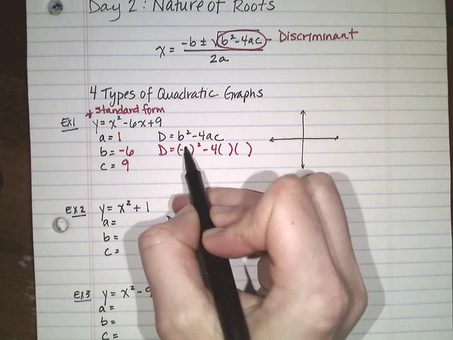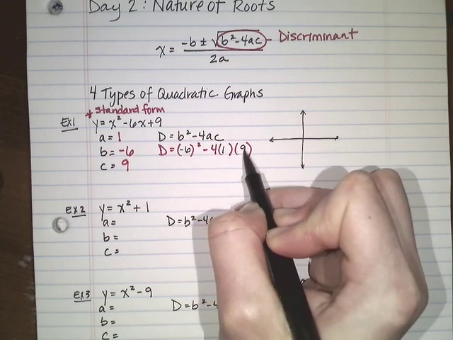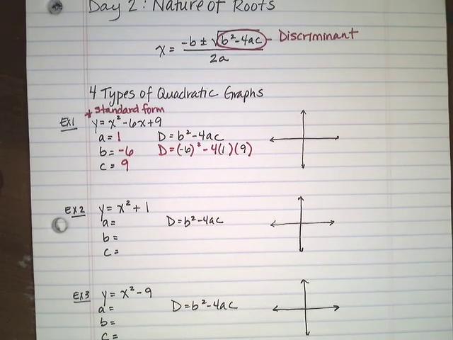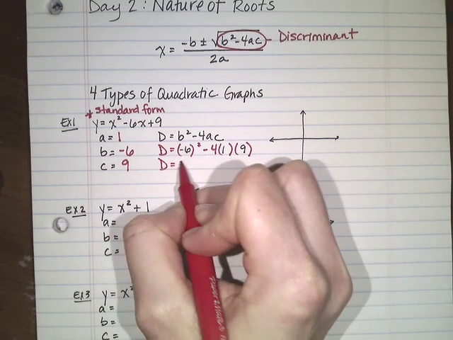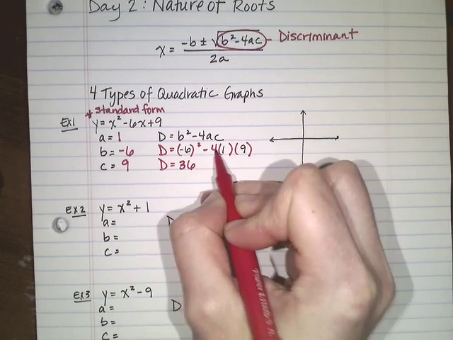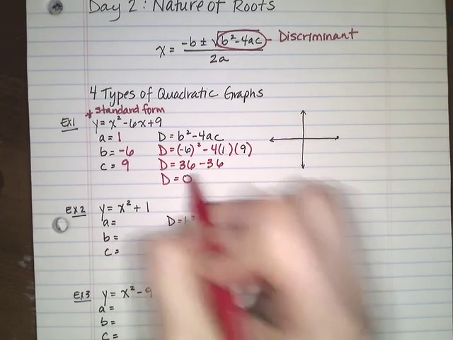B is negative 6, 4, 1, and 9. And that looks like it's going to give me D equals 36 minus 36, or 0.